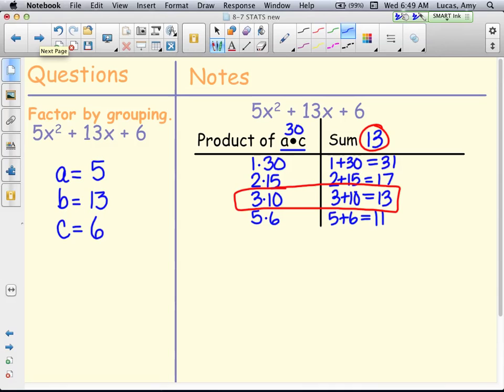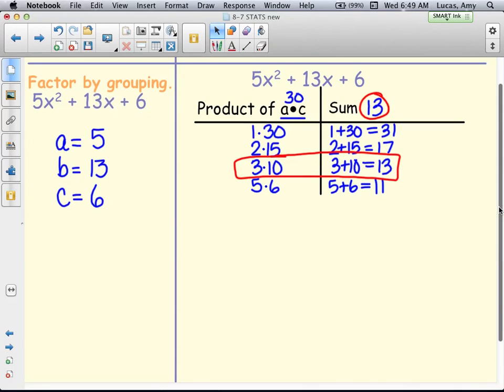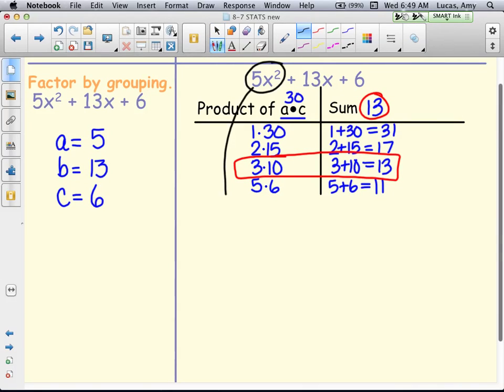Now, to factor by grouping, we need 4 terms. 4 terms to factor by grouping. So we are going to take our first term and keep it, 5x squared. We're going to take our last term and keep it, plus 6. Now, the 2 terms in the middle come from our 3 and 10.